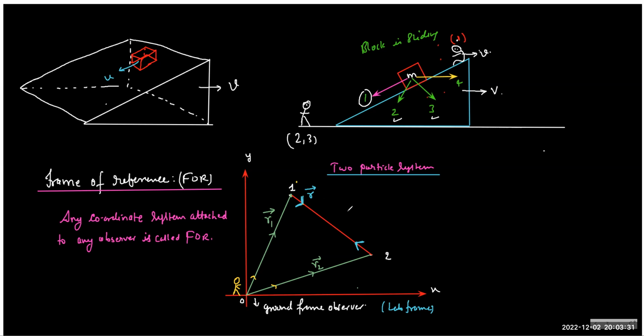Very good. So this is position of 2. And whoever is referring to, we put after comma. So you are referring to 2, and the observer here is 1. If we do not mention the observer, it is by default ground. So when I write R1, basically it is R1 ground.